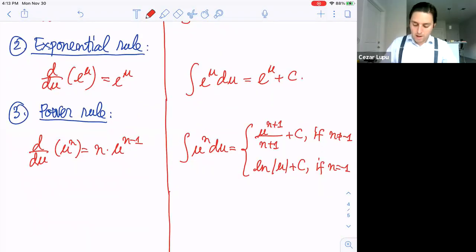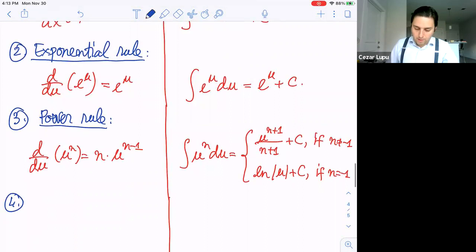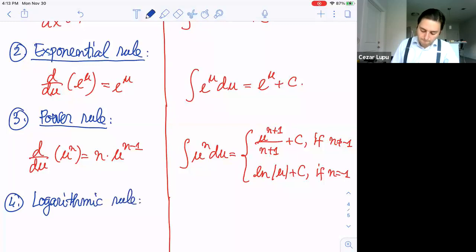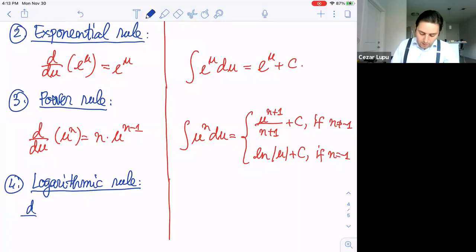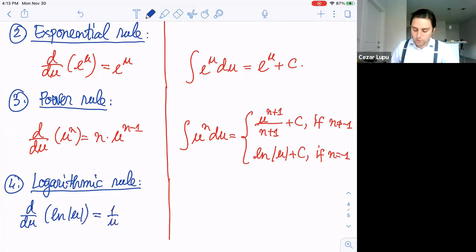All right, and now the fourth one for both of them, so let's say logarithmic rule. So the logarithmic rule is the following. So we have d over du of the natural log of the absolute value of u. This will be 1 over u, as you know.